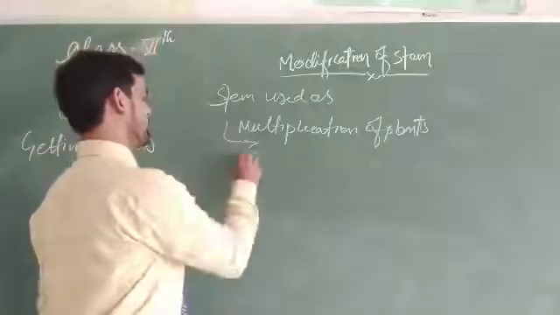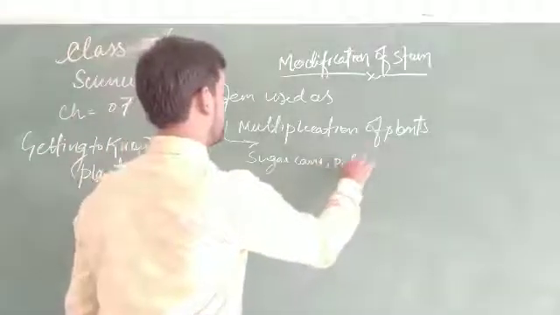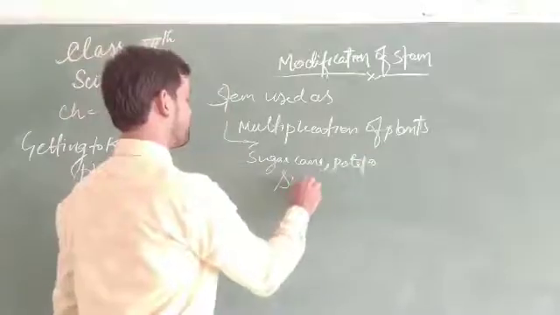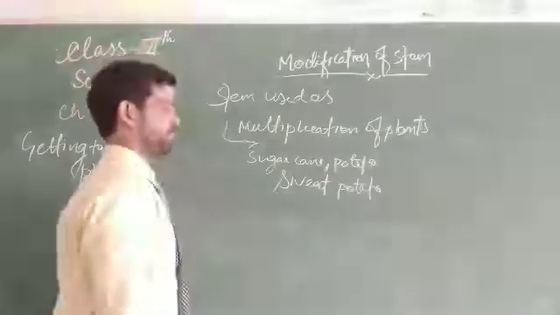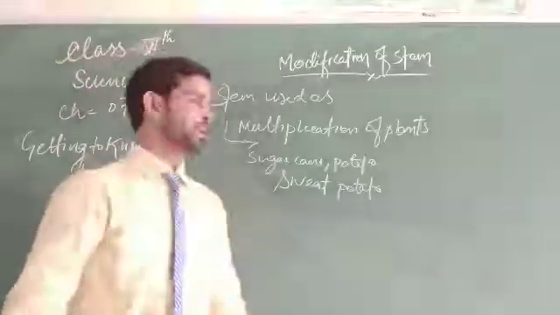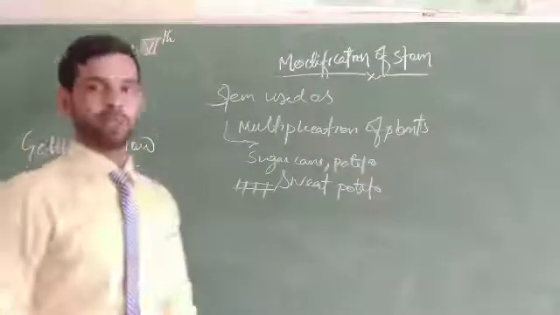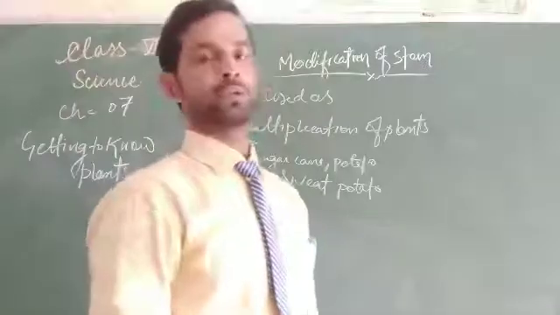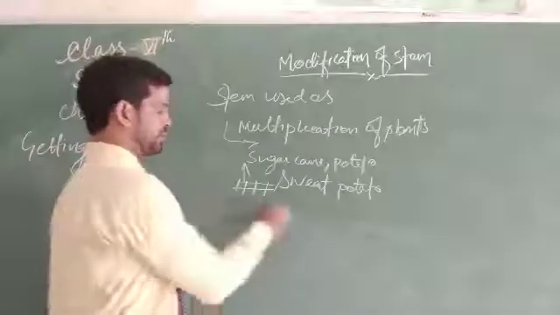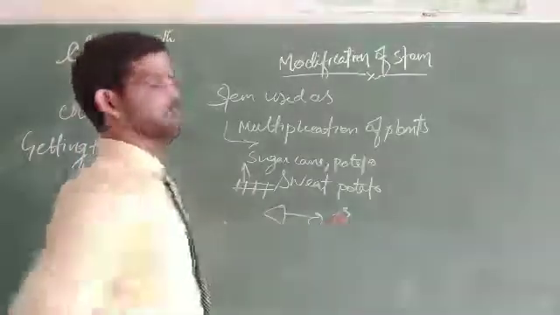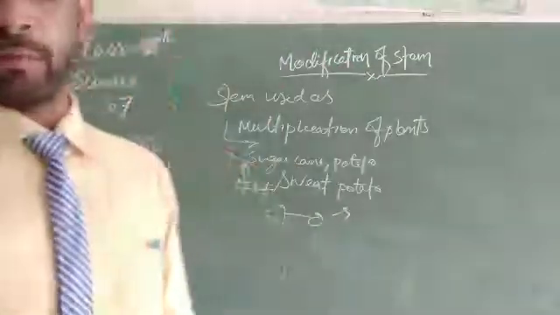You can see sugarcane, potato, sweet potato. These can be cut into pieces, and each piece can grow a new plant. So this can be used for multiplication of plants as well.